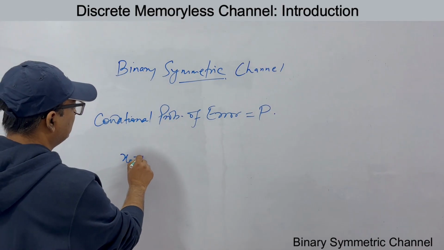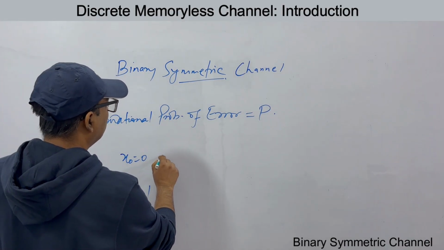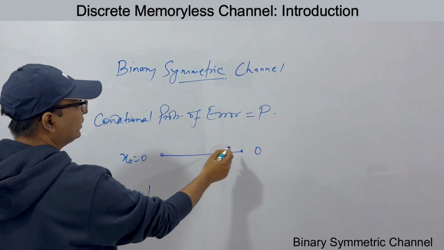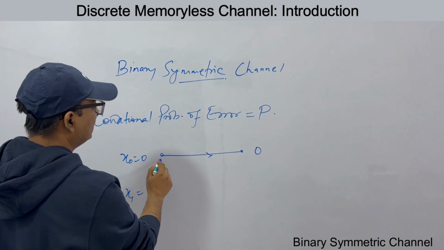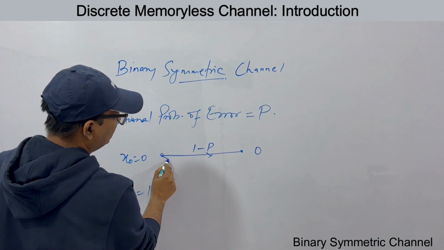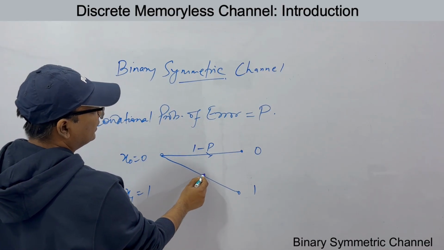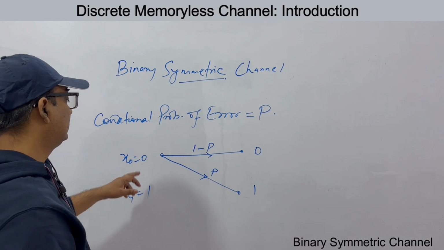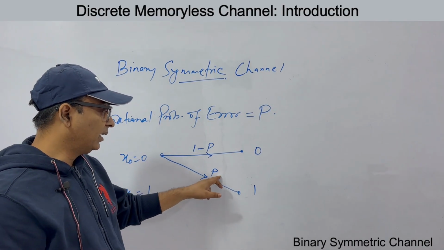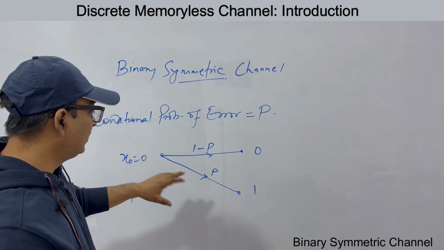So let's say x0 equal to 0 and x1 equal to 1. First, you send 0 and you get 0. Obviously, if the error is p, then this will be 1 minus p. If you send 0 and you get 1, this goes by probability p, and the bit will be reversed.